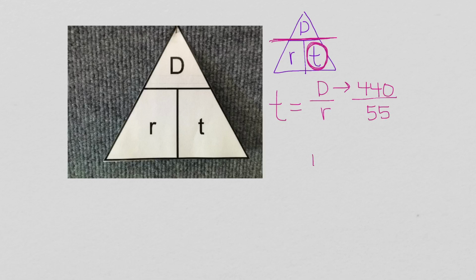Now, all I'm going to do is divide. So I'm going to put 440 in the box and divide by 55. I know that 50 can go into 40 about 8 times. So I'm going to try 8. And I get 440.